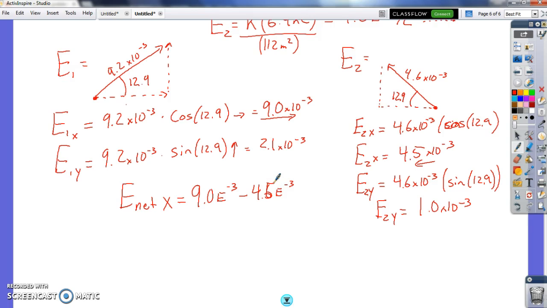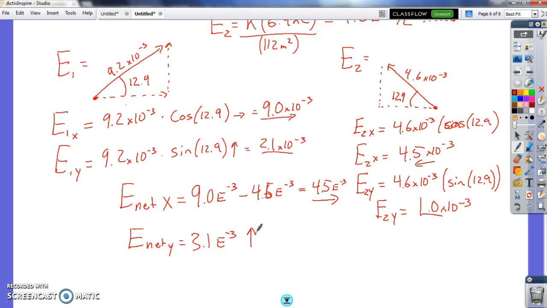That's my bad. And that gives us actually 4.5, and it is in this direction. We also have our E to the y. We can actually add those together because they're both in the same direction. And that becomes our 2.1 plus 1 is 3.1. And that is in the upward direction.